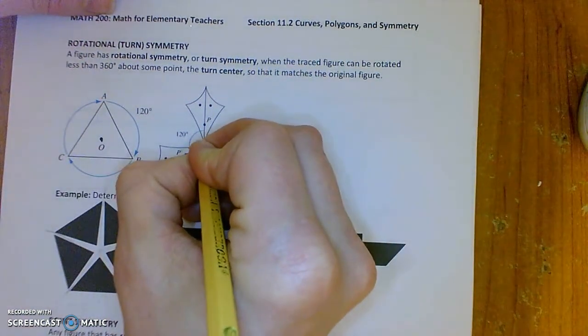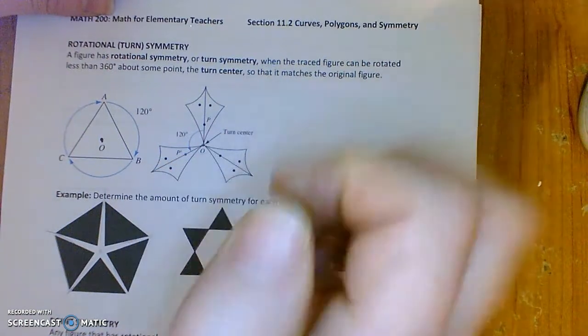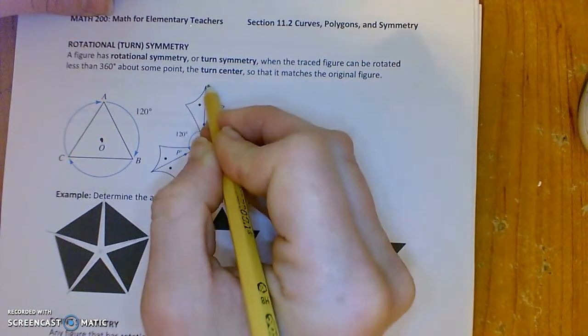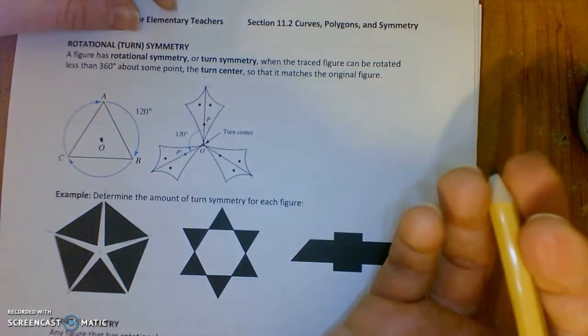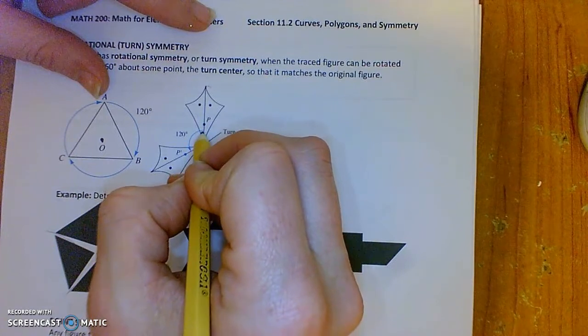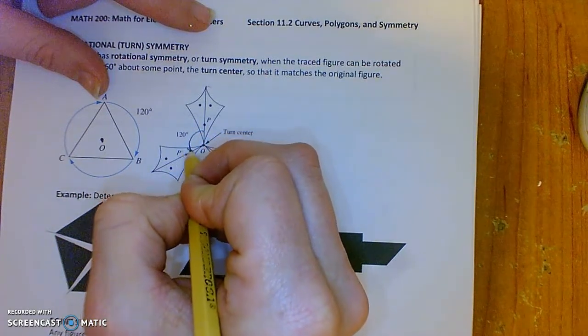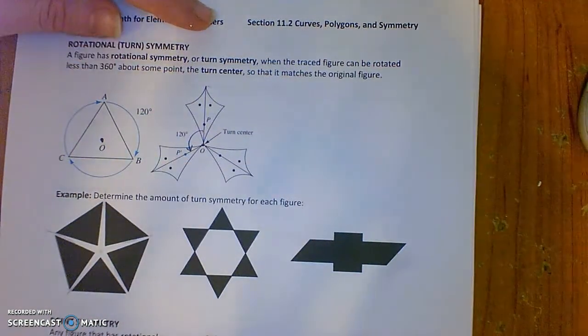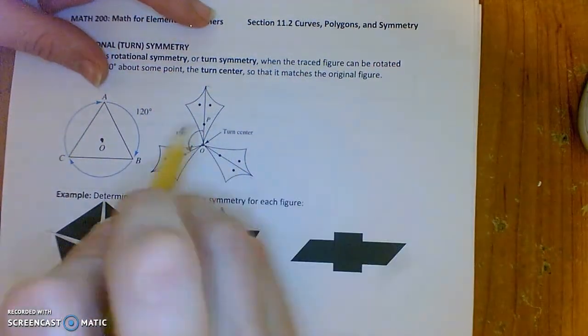You take the turn center, keep that in place, and rotate this vertex over to that vertex, and you'll see that you get the same shape again. You see I've got a 120-degree rotation here to achieve the same object, the original figure.